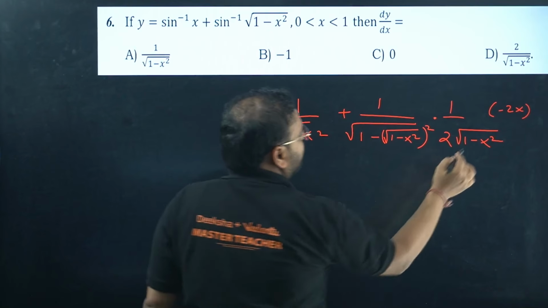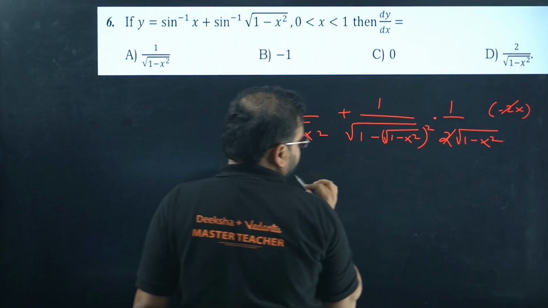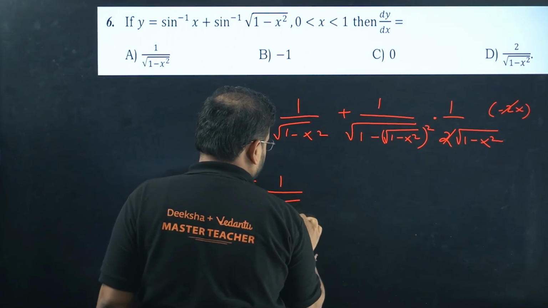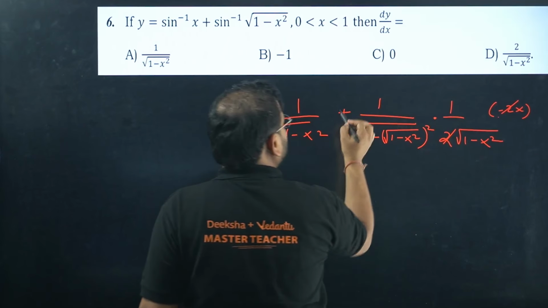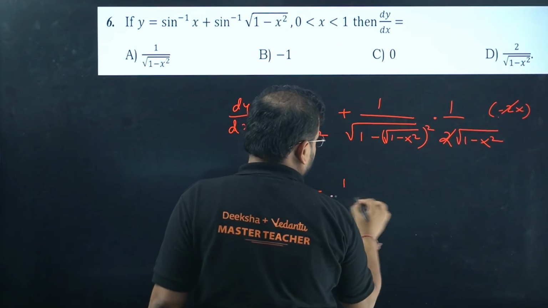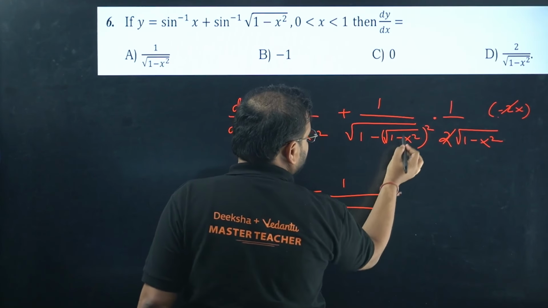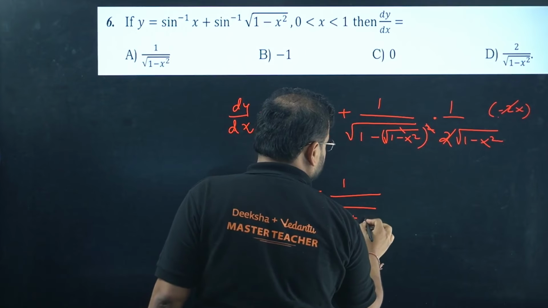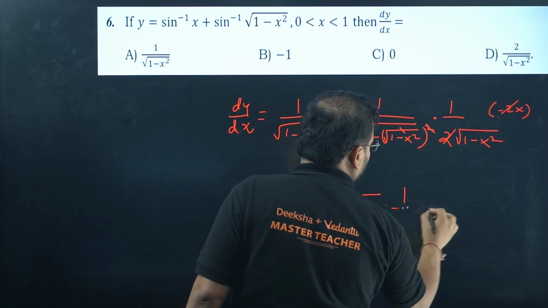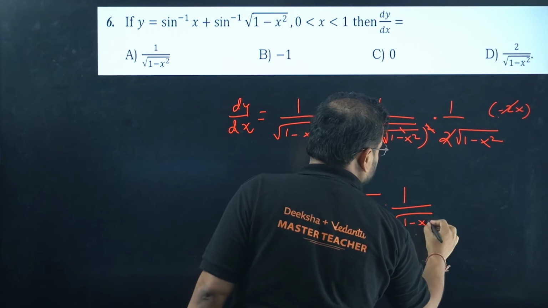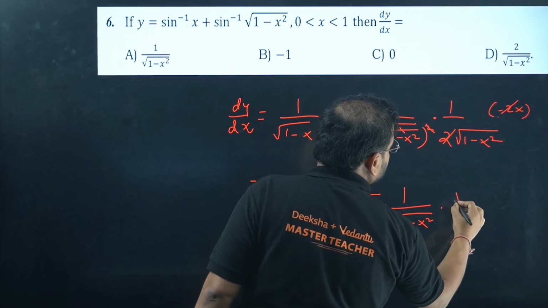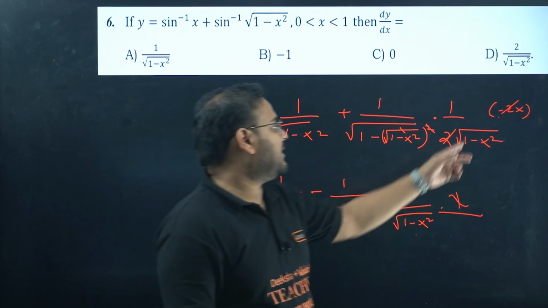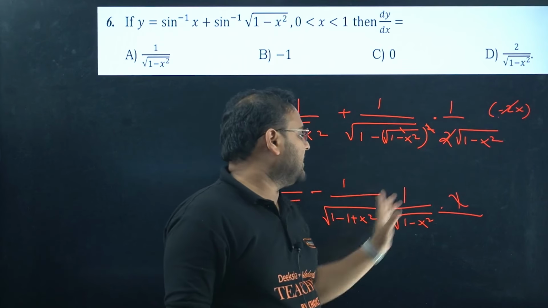Okay, check. This is cancelled so far. Here you go. This minus sign and this plus sign will become a minus sign. Have a look. Expansion, this will be cancelled. You'll have 1 minus of 1 plus of x square into 1 upon 1 minus x square into simply x, because this minus is taken over here and 2 is cancelled.